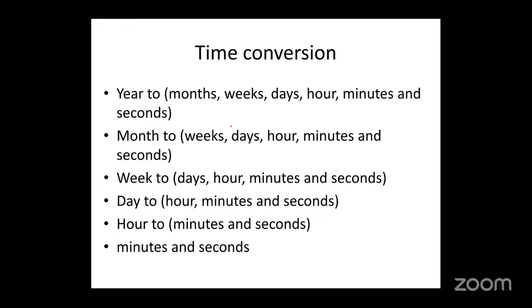How many hours do we have in a day? 24 hours. How many minutes do we have in 1 hour? 60 minutes. And how many seconds do we have in a minute? We have 60 seconds. So you multiply them all through.